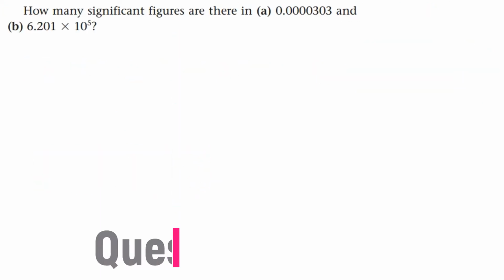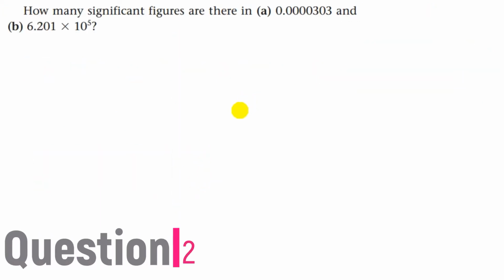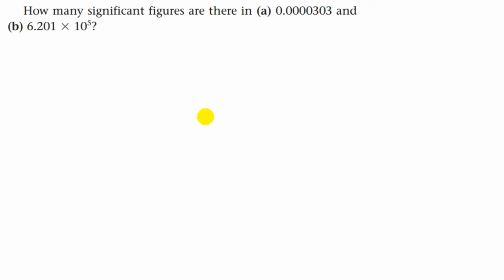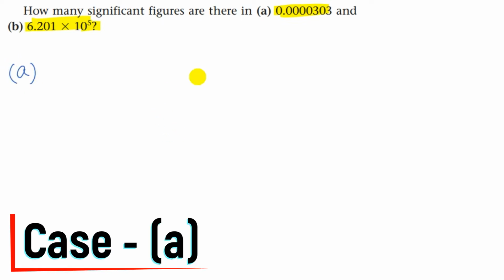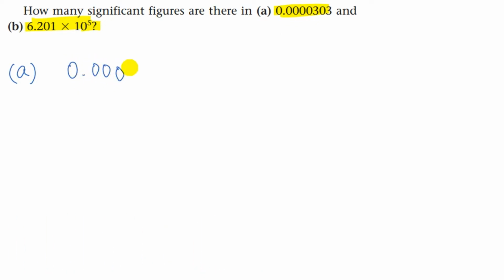This is our next question, which is based on significant figures. We have to find the number of significant figures in part A and part B. We're going to solve the A part first. The given number is 0.0000303.